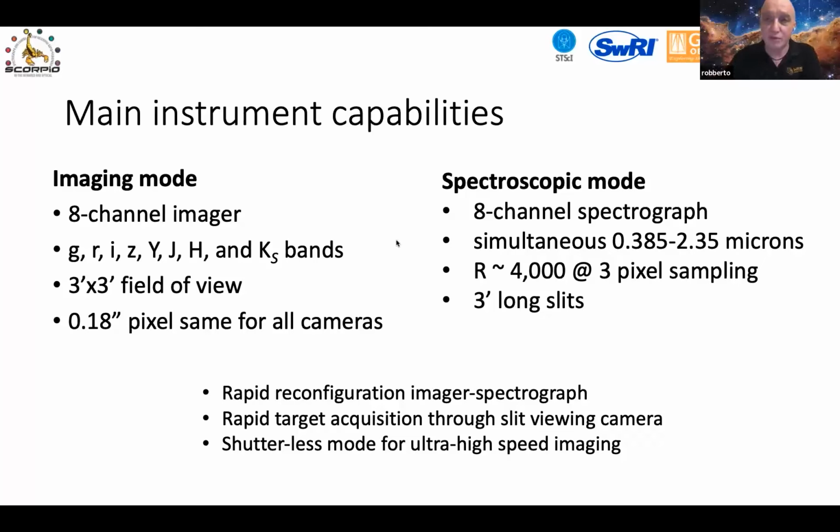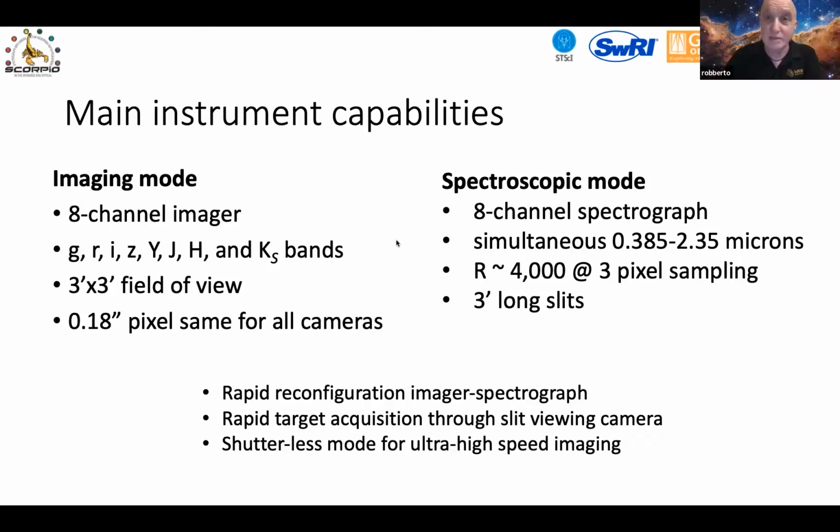And this is enabled, as I will show, by having a slit viewing camera. So you can put your slit, but you can also see what is around, and therefore, if you are off by a little bit, you can just put your target in the slit with a single move, and it should be very, very fast.